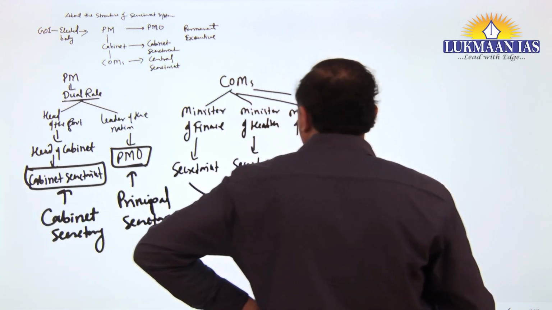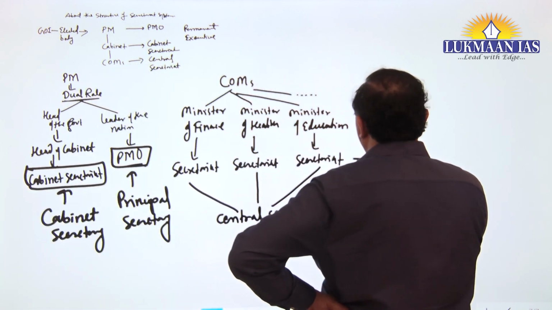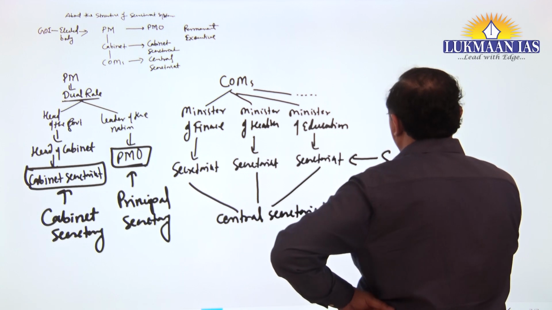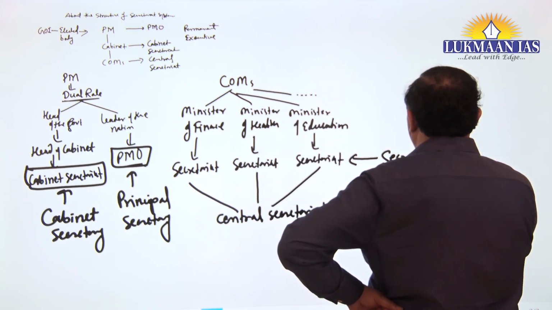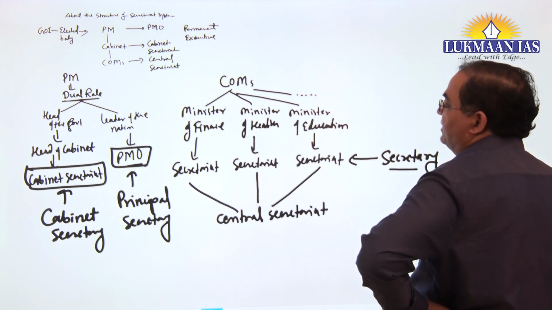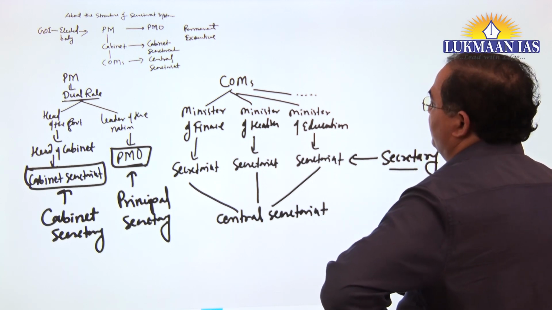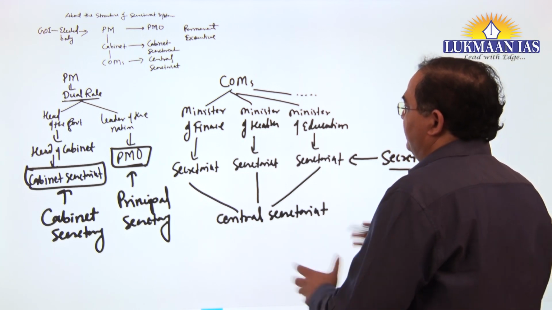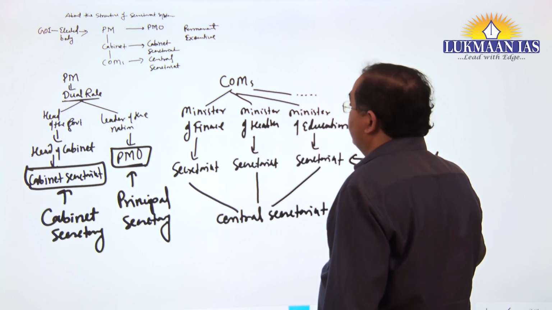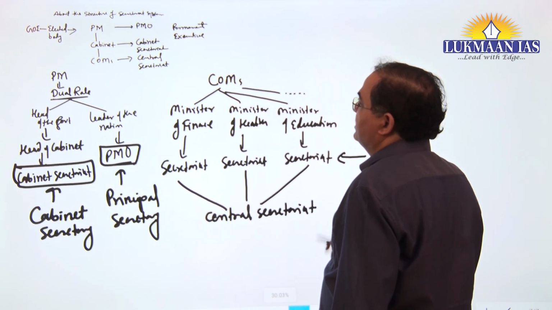And you should know that the head of a ministry's secretariat is known as Secretary: health secretary, education secretary, finance secretary. So what is the relationship between them, and who is superior?